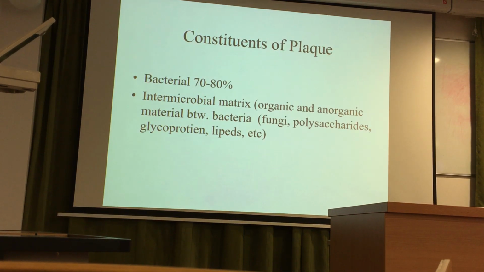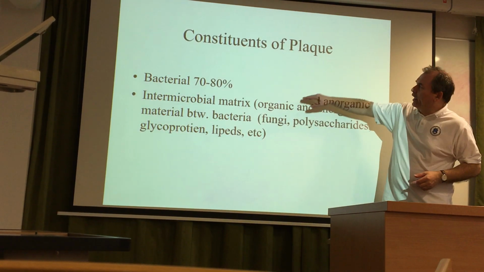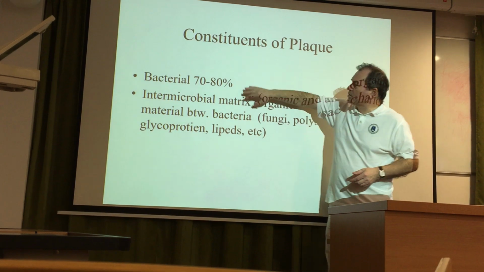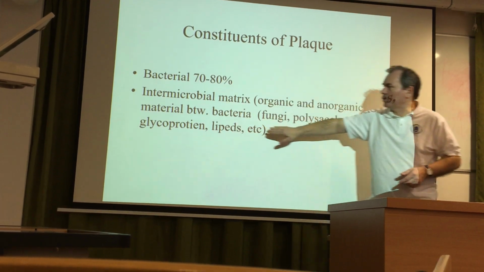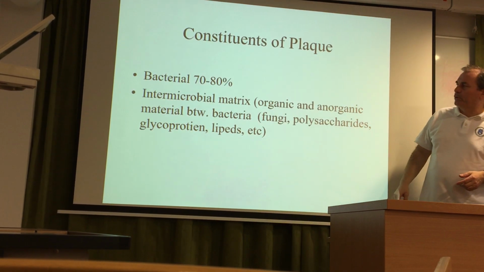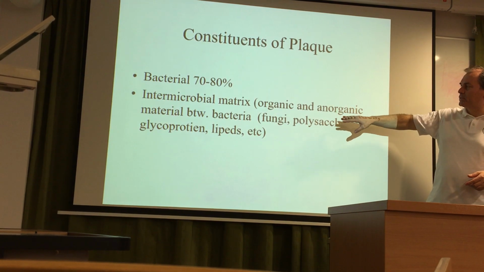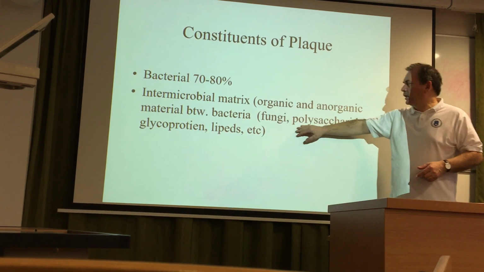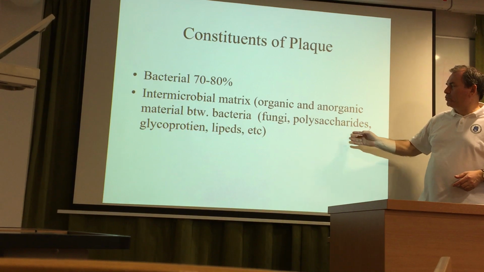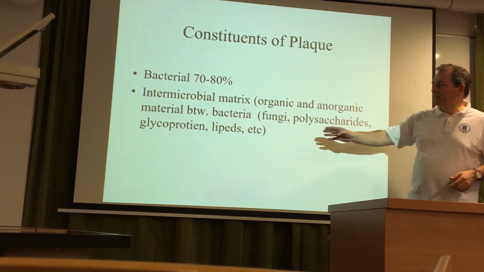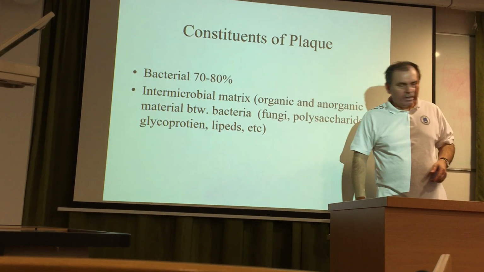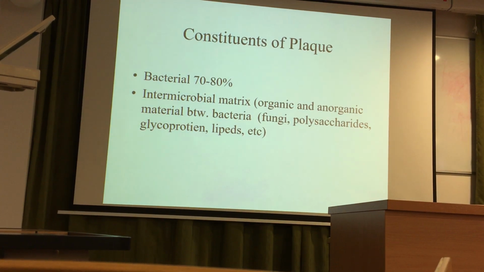These are the contents of the plaque, mainly bacterial, and we have an intermicrobial matrix here, organic and inorganic macromolecules, mainly polysaccharides and glycoproteins, and lipids inside the plaque.